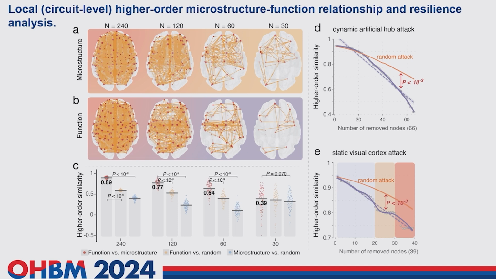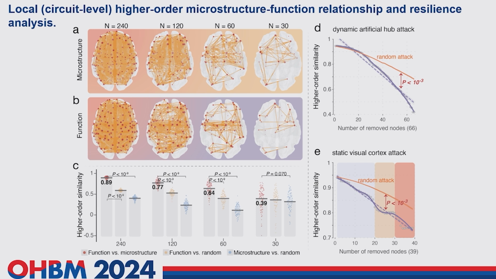For the local high-order microstructure relation analysis, we use different resolutions, like 200, 140, 120, 60, 13. We can observe that the functional and microstructure high-order similarity can be preserved, regardless of the nodal resolution.